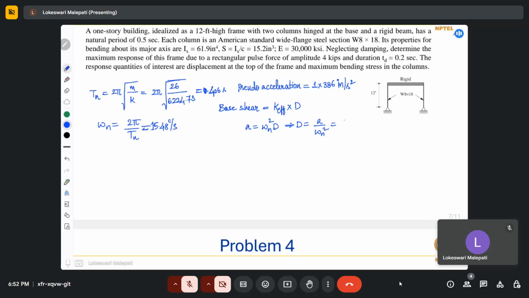Substituting here, 386 divided by 15.48 the whole square, that would be 1.61 inches.